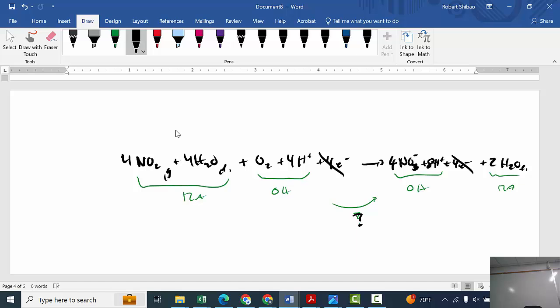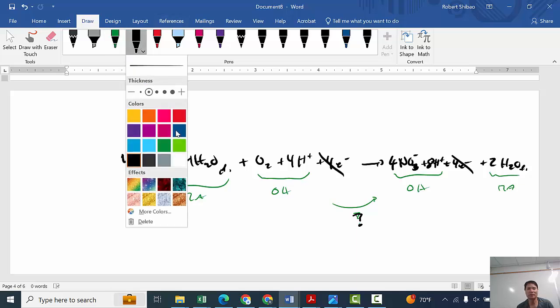That means oxygen H plus is a stronger oxidizer compared to nitrate and acid. This one was kind of difficult because of the oxidizer. Oxygen wasn't specified, so I just put it in.